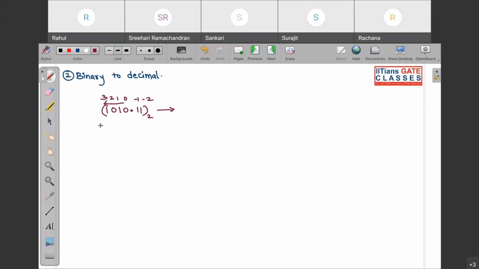So this is 1 into 2 to the power 3 plus 0 into 2 to the power 2 plus 1 into 2 to the power 1 plus 0 into 2 to the power 0, plus over here 1 into 2 to the power -1 plus 1 into 2 to the power -2.